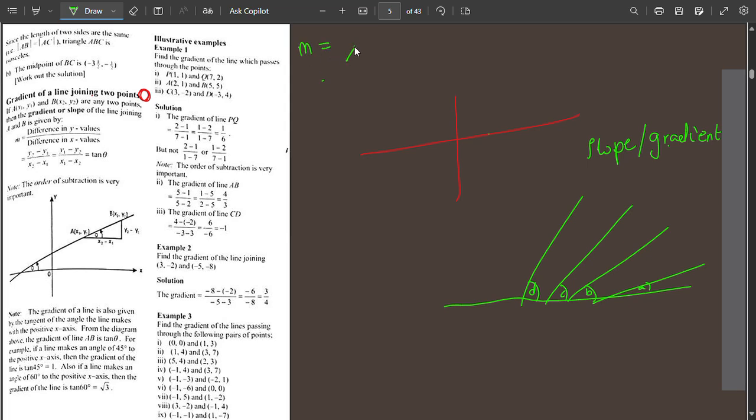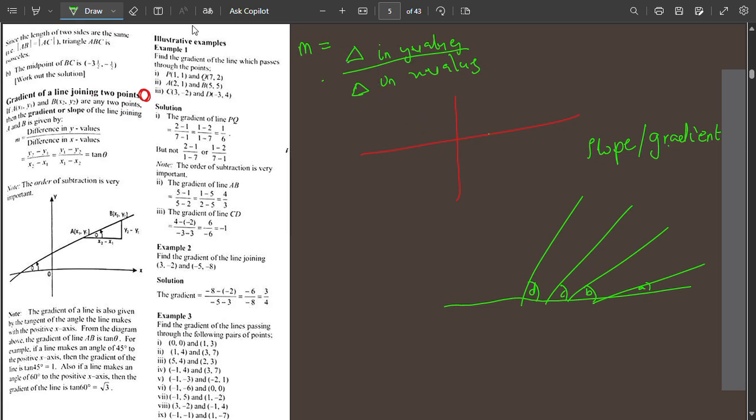I'll use triangle for difference, so when you see the triangle, it means change, or difference in y values divided by difference in x values. That's very simple. It means just take the x values of A and B, then the y values of A and B, the points we are considering, find their differences and divide them.